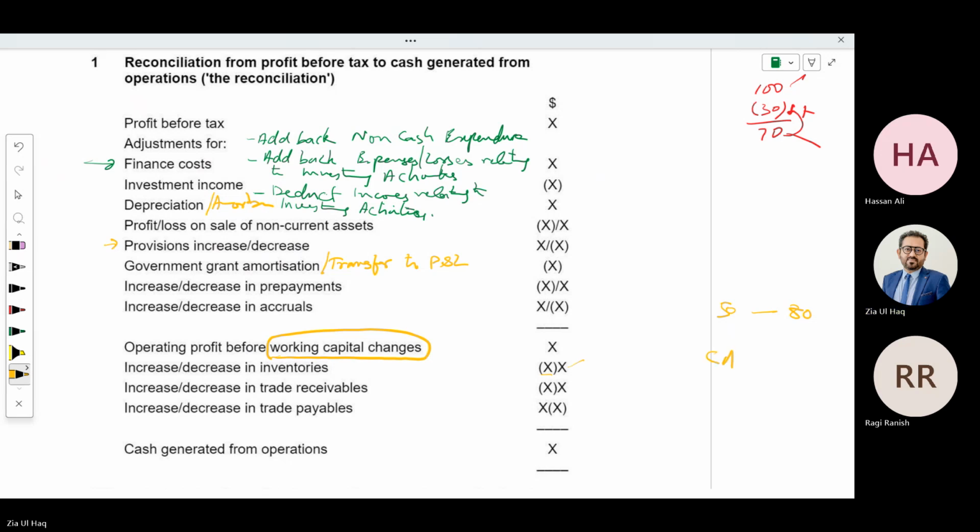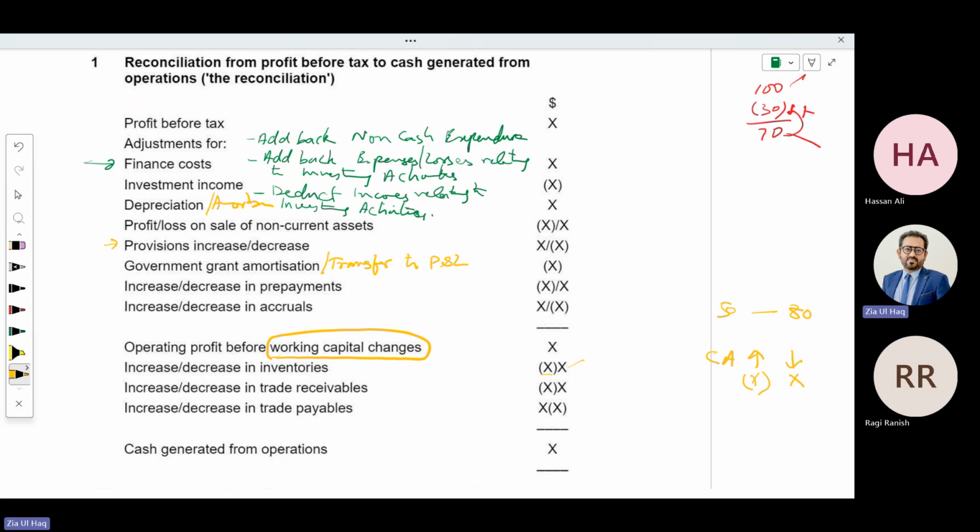This means current asset increase will be recorded as outflow. Current asset decrease will be recorded as inflow. Receivable is a current asset. Yes. Increase will be outflow, negative. How? If receivable increases, our cash is stuck in receivable. If receivable decreases, we receive cash from receivable.